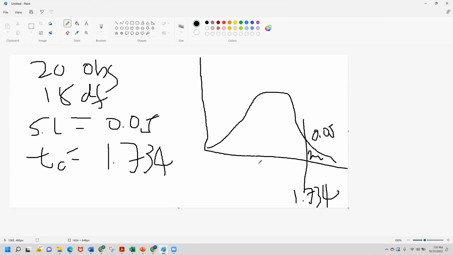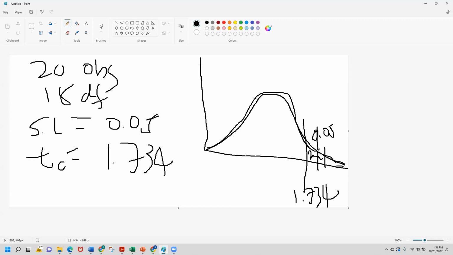Anything to the right of that should give a probability lesser than 0.05, because it's always decreasing from 0.05, since the total area should be 1.